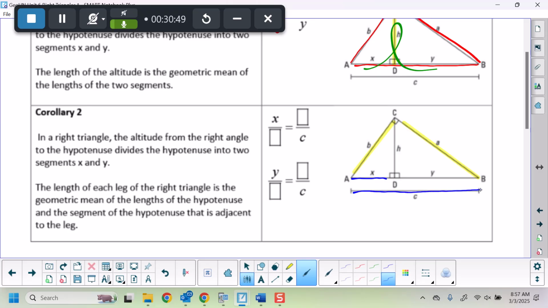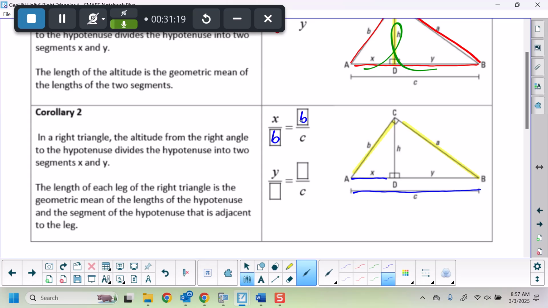So b is going to be the geometric mean between x and c. And it has to do with those ratios that you set up on the front already. Because that b is doing double duty. It's both a hypotenuse and a short leg. So it's a geometric mean between the other hypotenuse and the other short leg. Corresponding sides of similar right triangles.